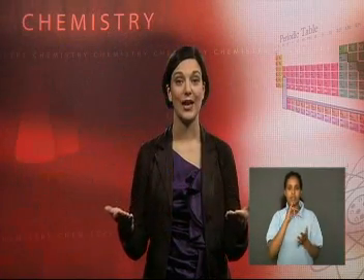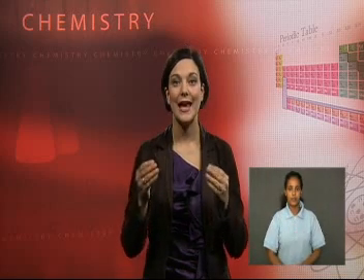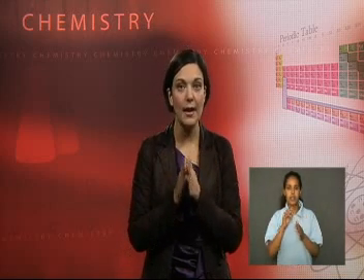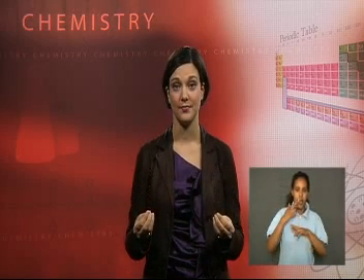This is known as activation energy. It is the minimum energy needed during a collision for a reaction to take place between the reacting species. Activation energy is written as EA.